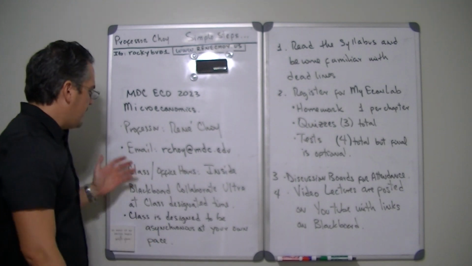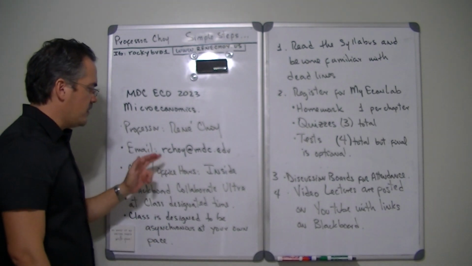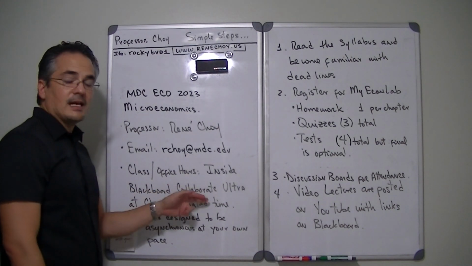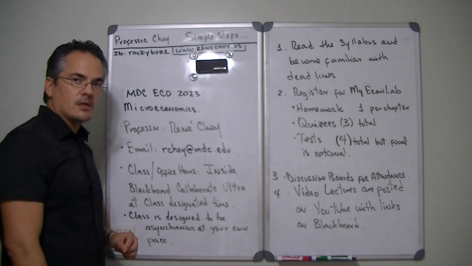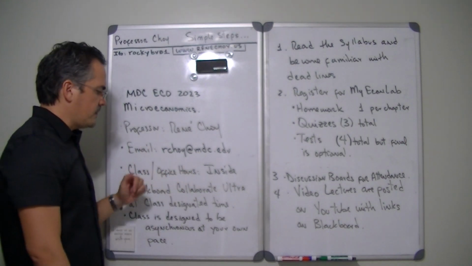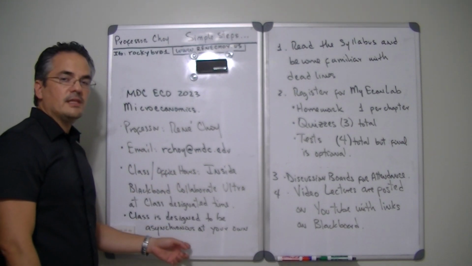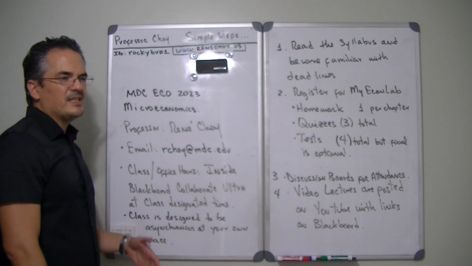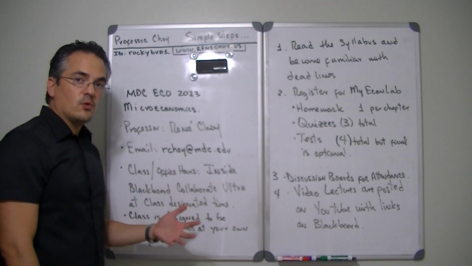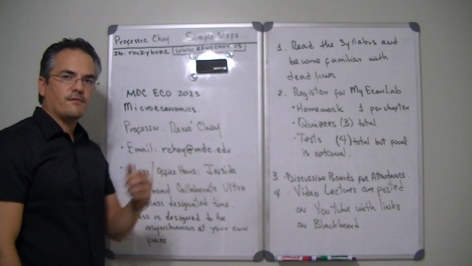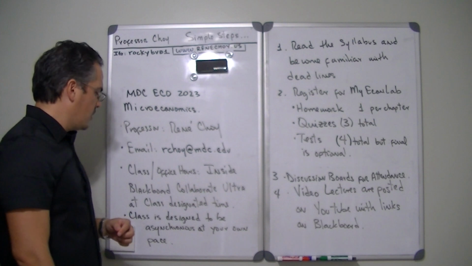Now, we're going to have class time or office hours inside of Blackboard Collaborate Ultra at the designated class time and day for your particular class. That's the time that I'm going to be around. The class is really created to be asynchronous, which basically means that you don't have to attend our class time if you know what you're doing or you can work it out on your own.